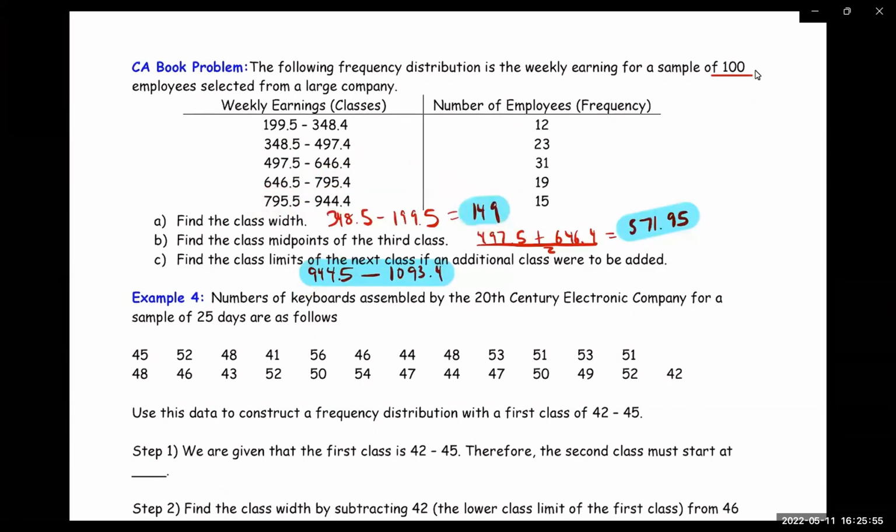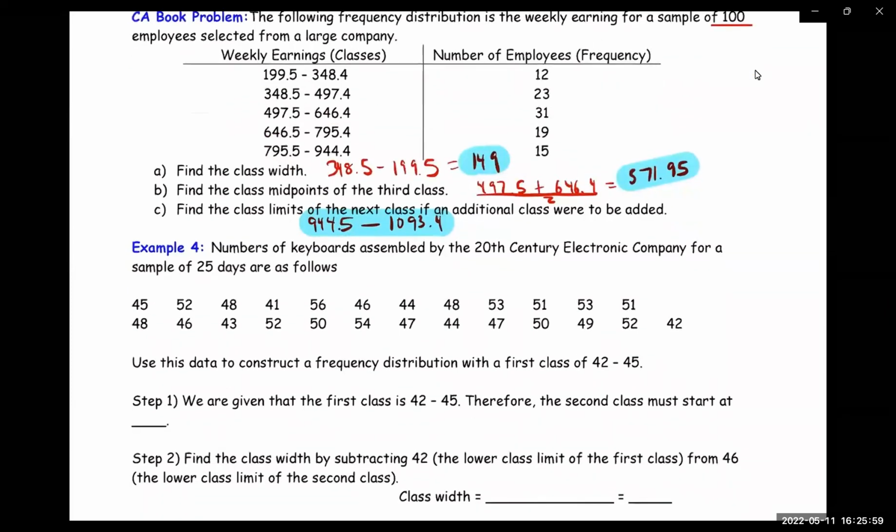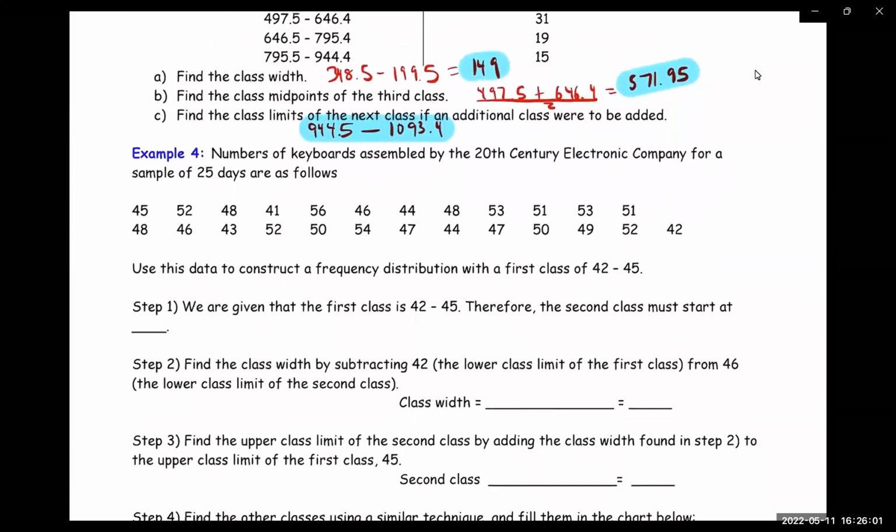All right, so that's pretty much what we learned last class. Now that is it for number 3. Let's look at the next one. Numbers of keyboards assembled by the 20th Century Electronic Company for a sample of 25 days are as follows.